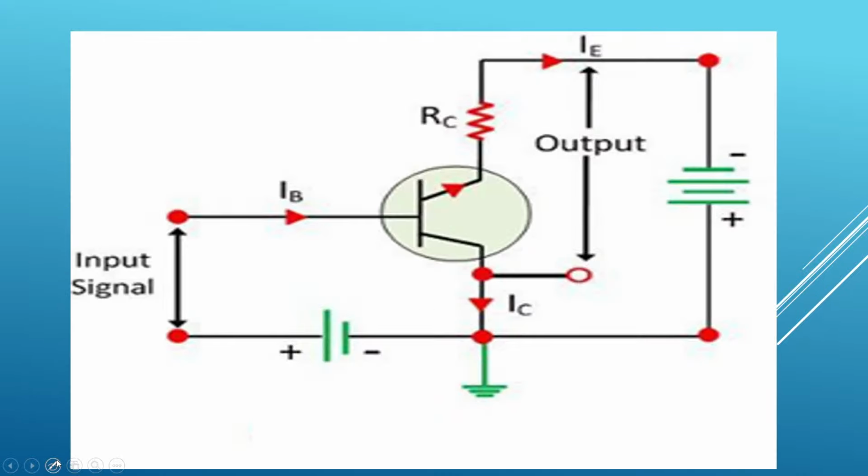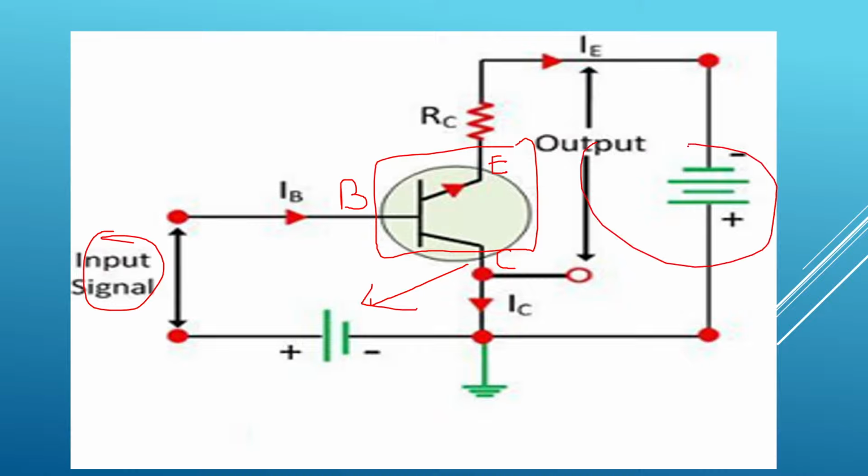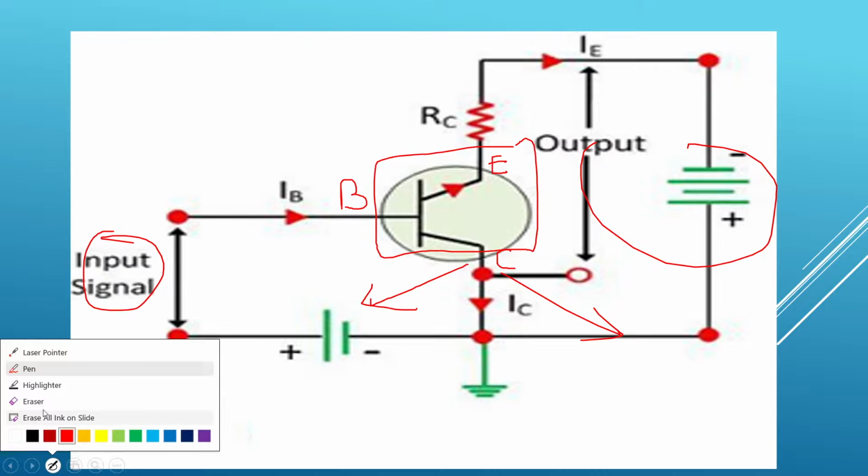In this diagram, this is our BJT, with emitter, base and collector terminals. The collector terminal is common to both input and output sides. This sort of configuration is known as common collector configuration.